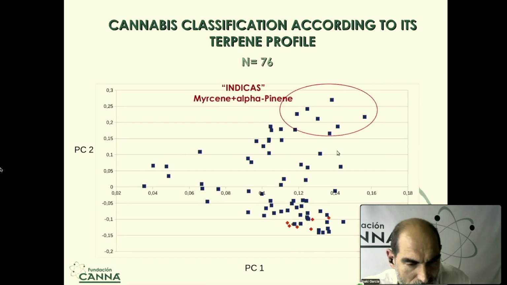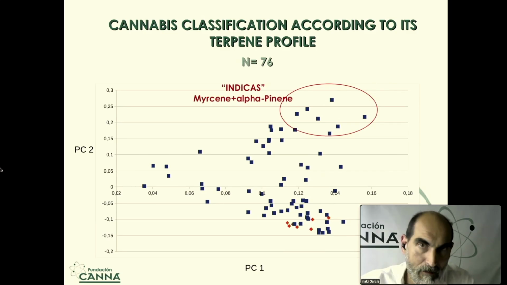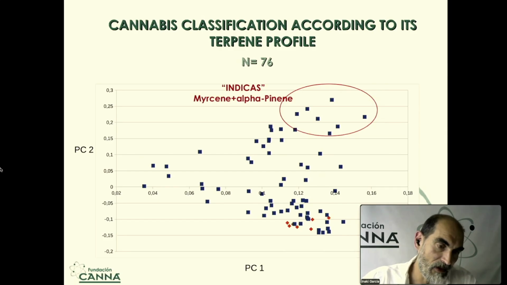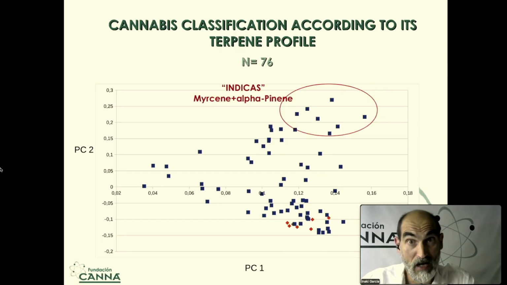So these plants that are rounded are the plants that have this indica profile. The plants that have very high quantities of myrcene, and the second most abundant terpene is alpha-pinene.